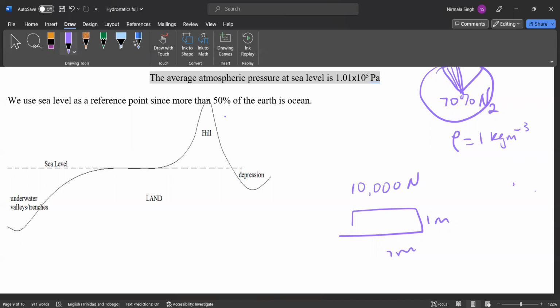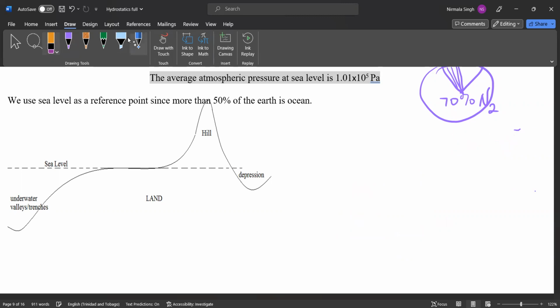We are built to handle this pressure. Air pressure is a significant number, not a small number, and we're going to see why air pressure is important and how we are built to handle it.